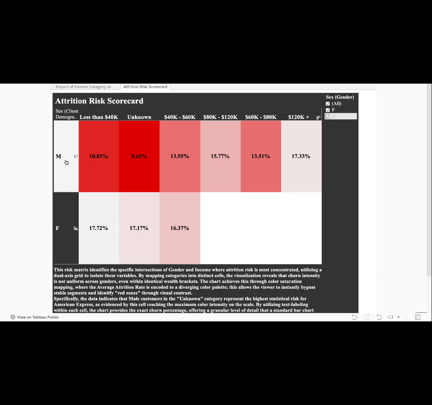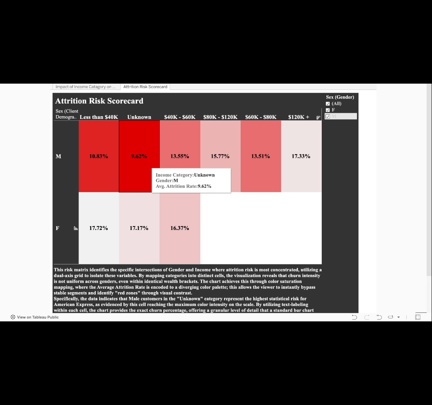The darker red areas represent higher churn intensity over here, while the lighter areas represent lower attrition risk over here. As you can see here, the largest red zones appear among male customers within the unknown income category. This group showed the highest statistical likelihood of attrition in our Tableau dashboard.